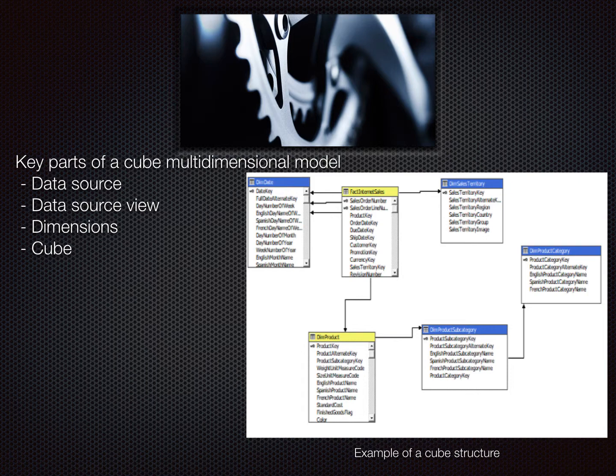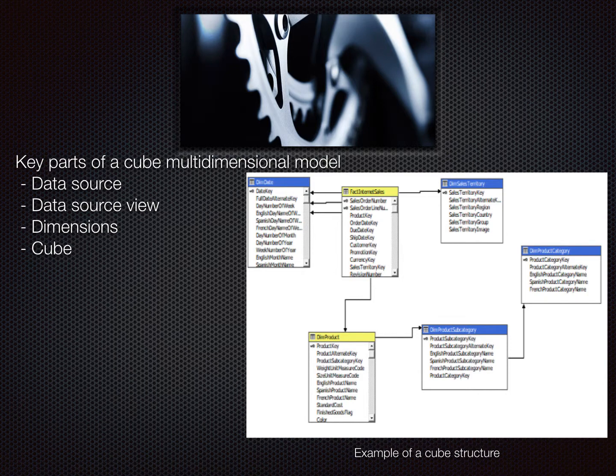The data source view actually is where the fact table is being determined. The fact and dimension tables are being determined to be used. The dimension is used to categorize the dimensions into hierarchies. For example, dates can be categorized into years, quarters, month, and semesters.